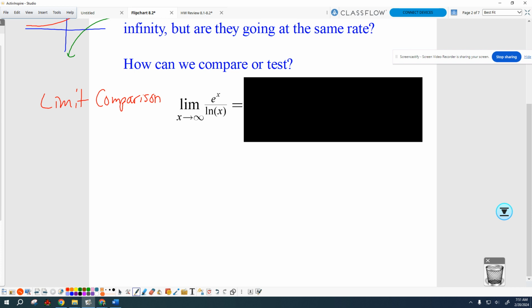Spelling's not my thing. Limit comparison test. Some clever people read the assignment sheet, and tomorrow it says we're supposed to do an integration test and something else. I'm like, didn't we already have an integration test? And we are getting into chapter 9, and there are 9 different tests.